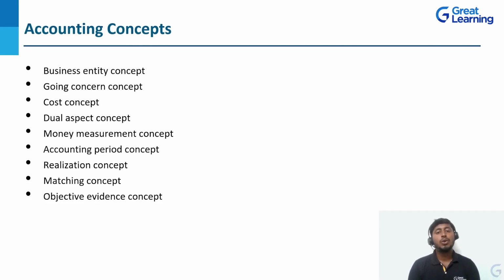Next, dual aspect concept. Dual aspect concept, I think you already heard this word, or you are going to read these two words frequently, that is debit and credit. Whatever the banking transaction you are going to do, you will get a message or a mail stating whatever the amount debited or whatever the amount credited, correct?